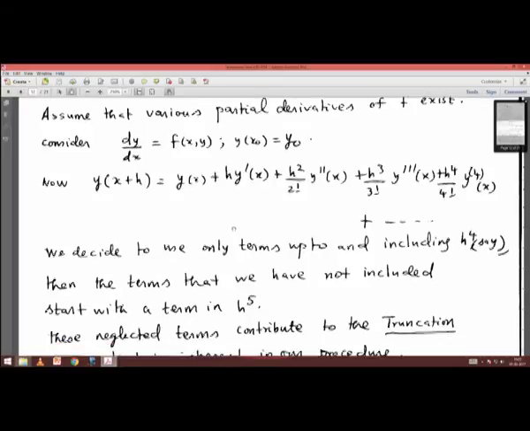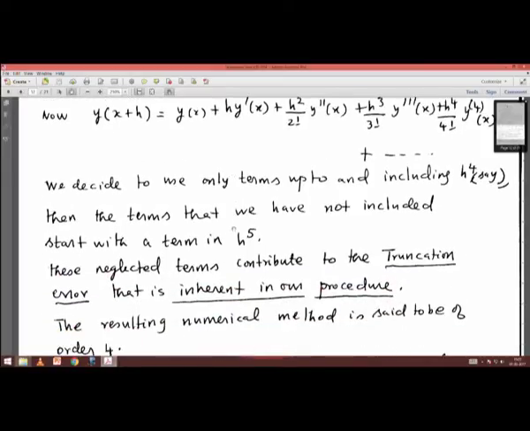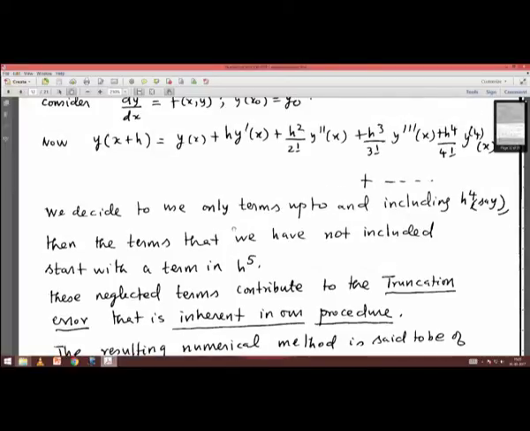Suppose say in this expansion we decide to take only terms up to h to the power of 4 by factorial 4 into the fourth derivative of y. Then the terms that we have neglected start from h power 5 onwards, and these are the terms which contribute to what is called the truncation error that is inherent in our problem.